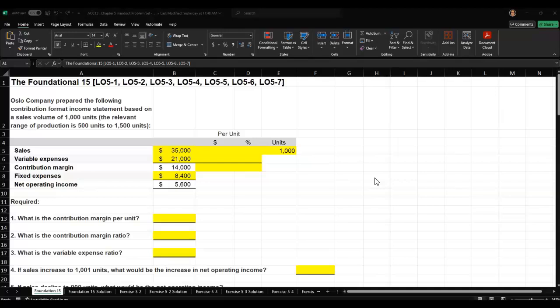Now understand that this relevant range, I don't want you to lose the significance of that. The relevant range is basically determined by the fact that we've got a plant and a couple of manufacturing machines, and how many units can we make? What is our bottom level production, and what is our top level production without having to build another building or add another piece of machinery?